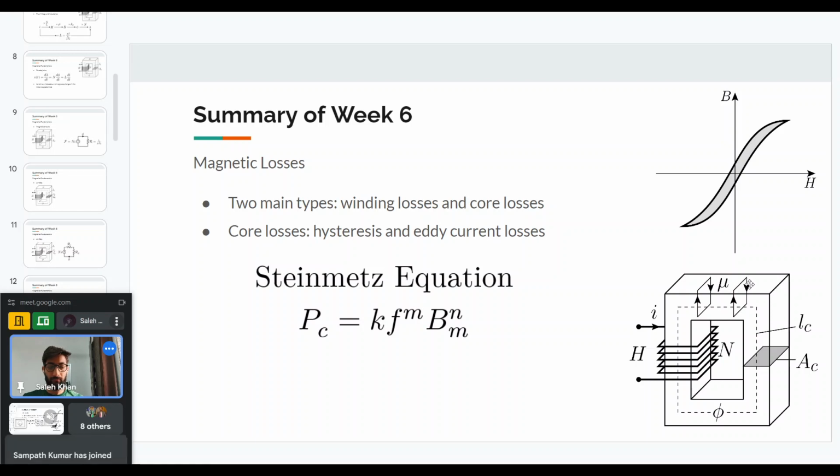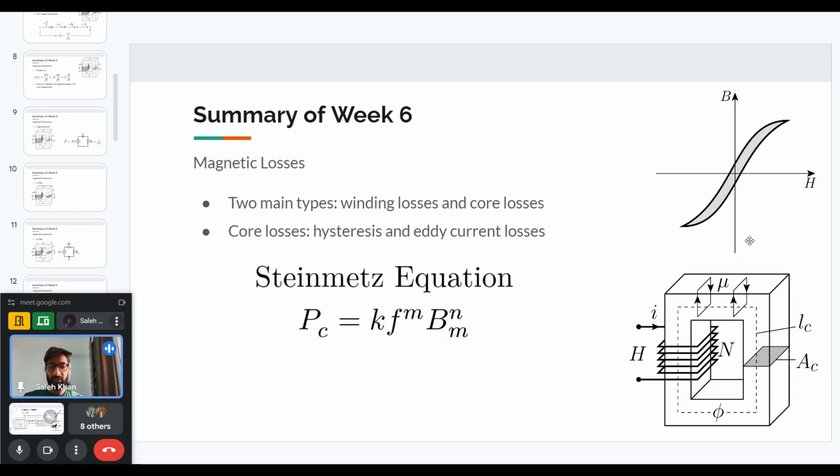And that is why another source of core loss is called the eddy current losses. Both of these losses, the hysteresis losses and the eddy current losses, happen inside the core material, and they will lead to heating up of the core material.